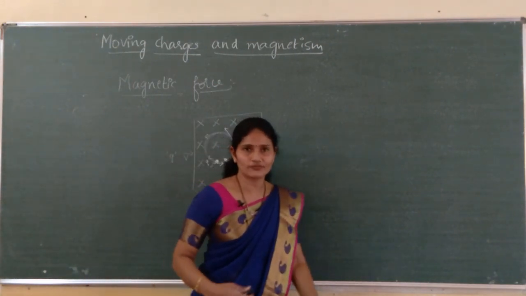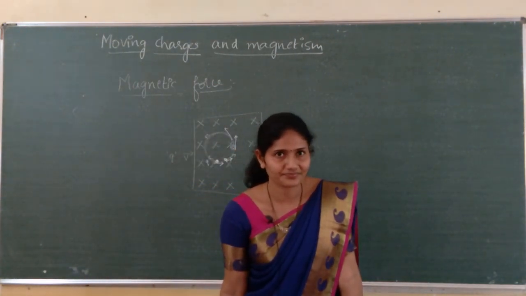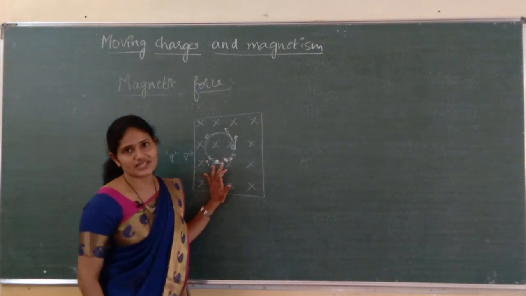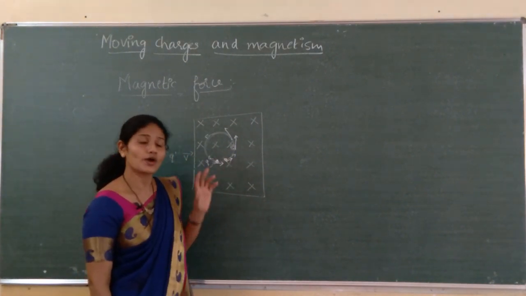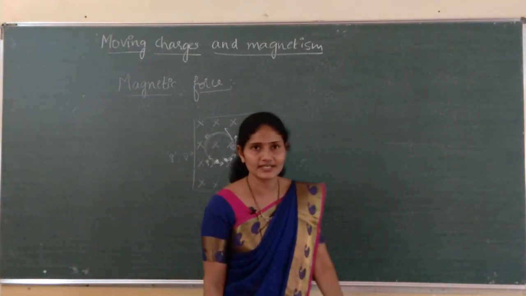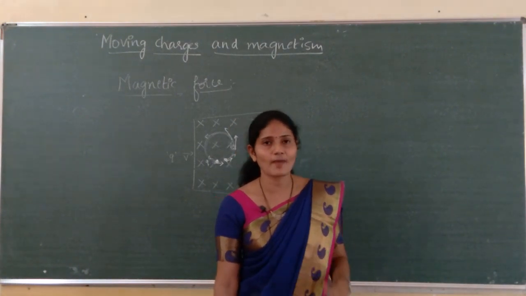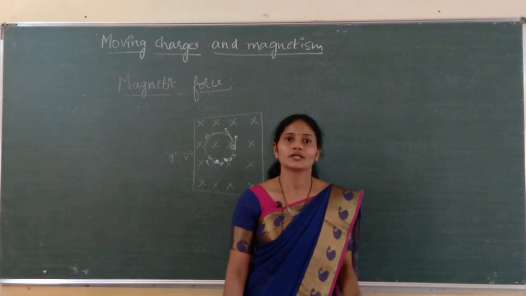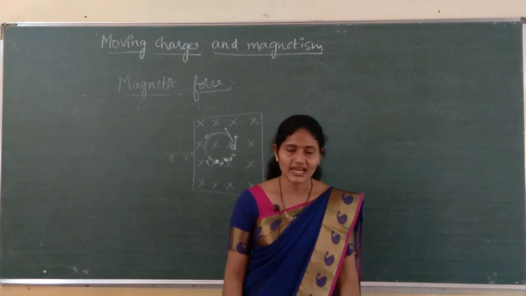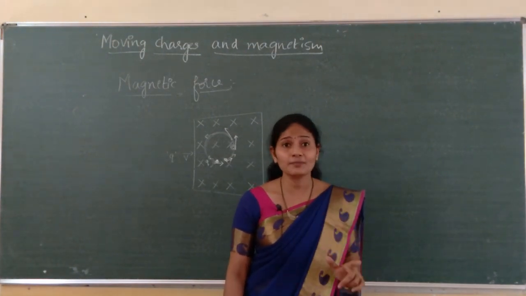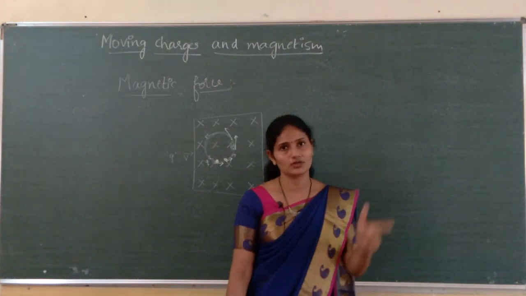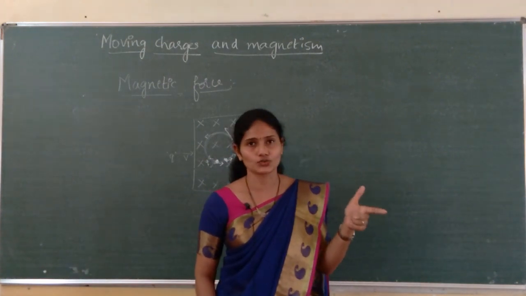The direction of the magnetic force is represented using one rule, and that rule is called Fleming's left hand rule.